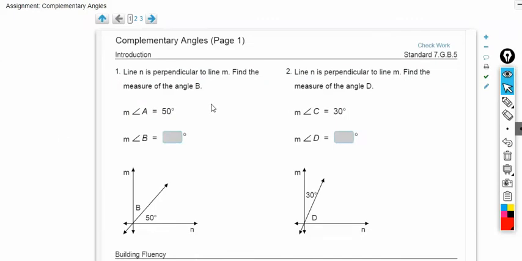Okay, so here you're finding the measures of the complementary angles. It says, page 1, line N is perpendicular to line M. So this is perpendicular.